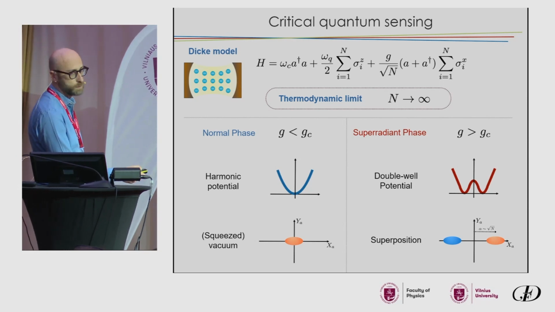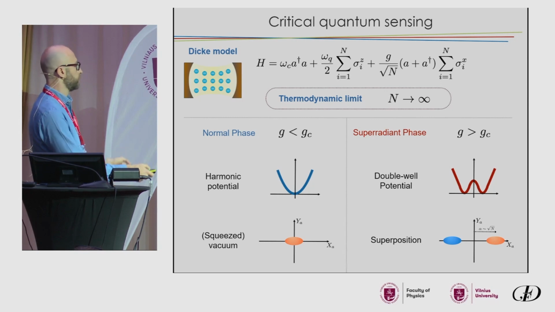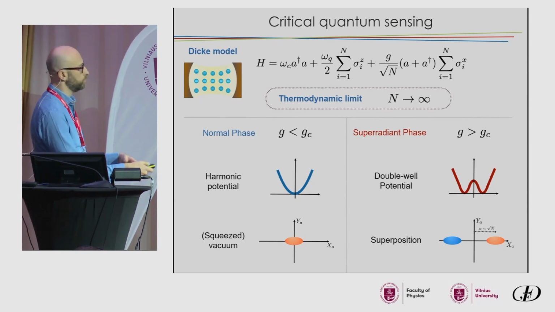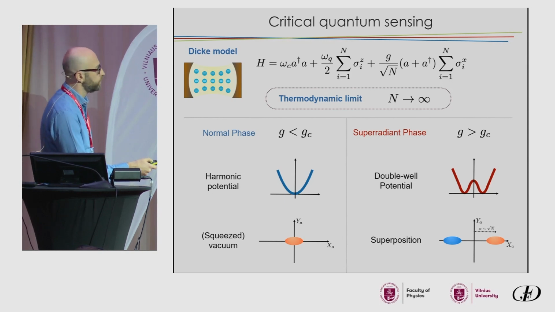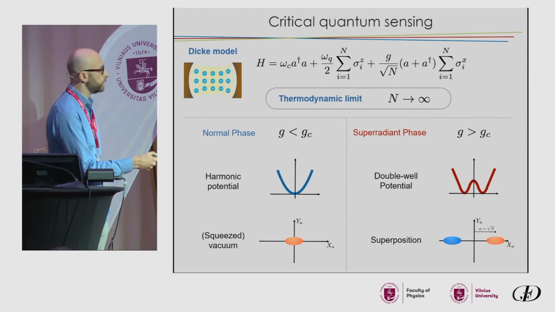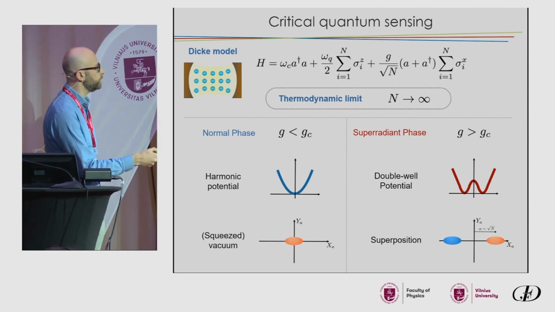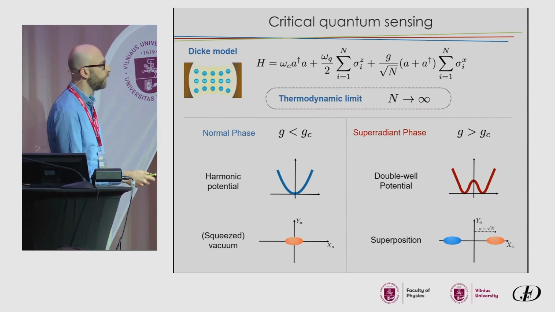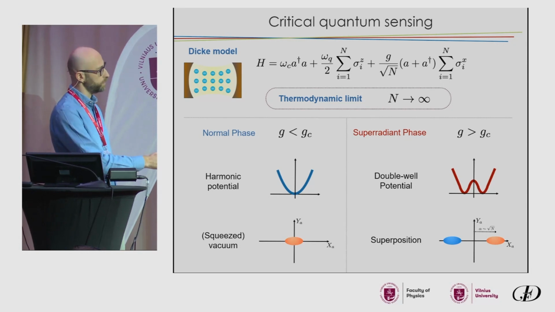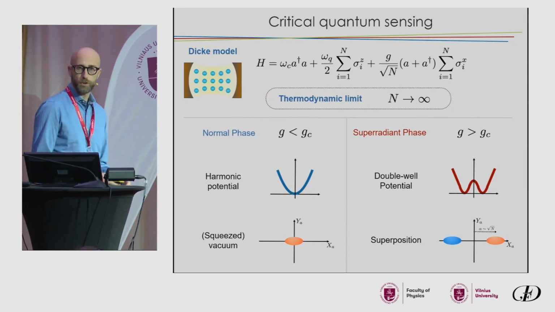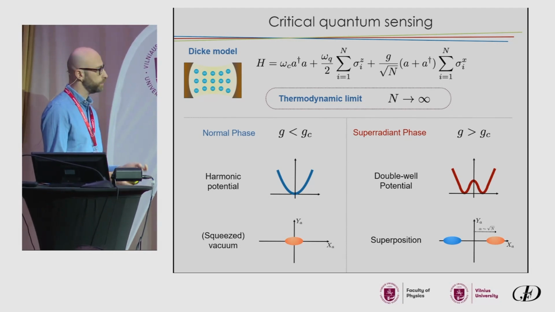You have two phases, basically, and you see that the ground state goes from a single blob to a superposition of two blobs. Somewhere around this critical parameter, you have a separation of the two blobs. So basically, you have a qualitative change of the ground state. This means that you must have a divergence of susceptibility if you measure some suitable observable.